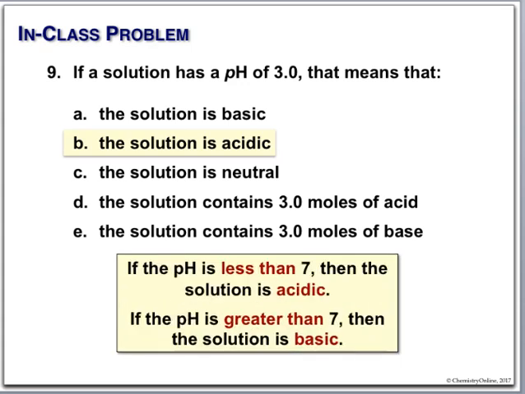If the pH is less than 7, the solution is acidic. If it's greater than 7, it's basic. If it's equal to 7, it's neutral. Any questions?